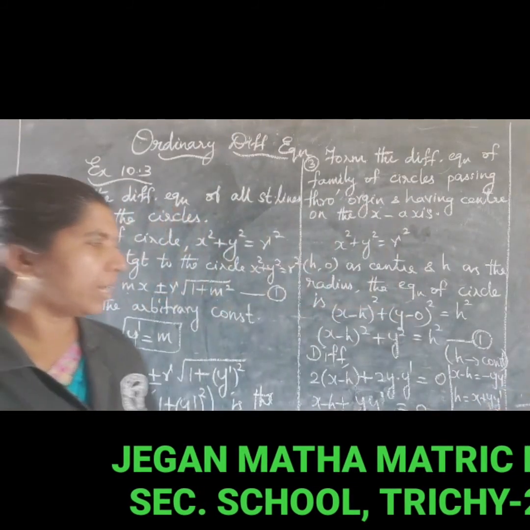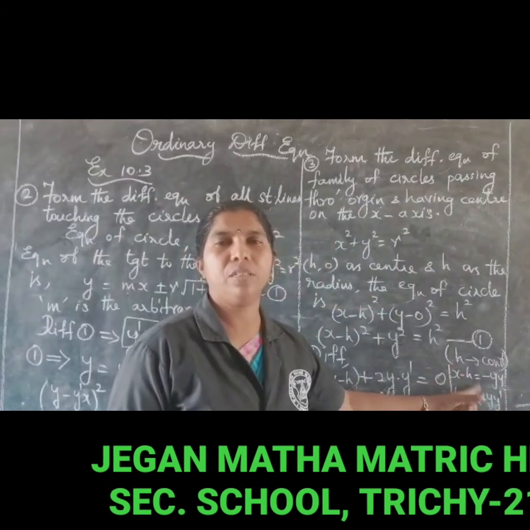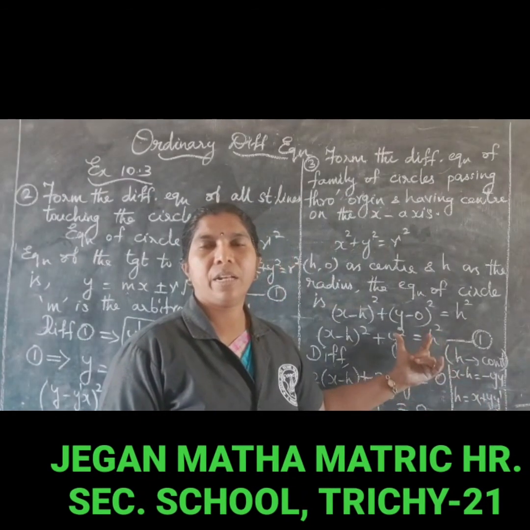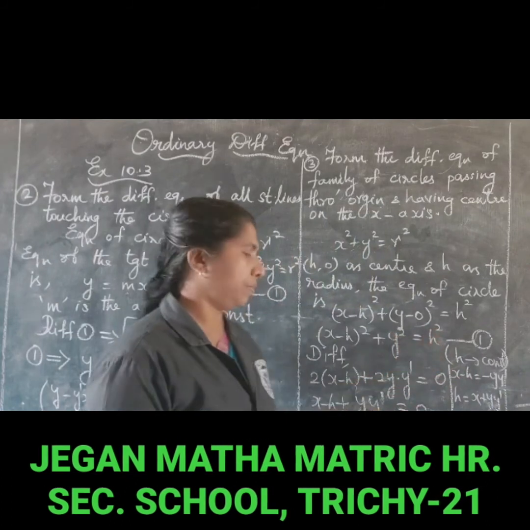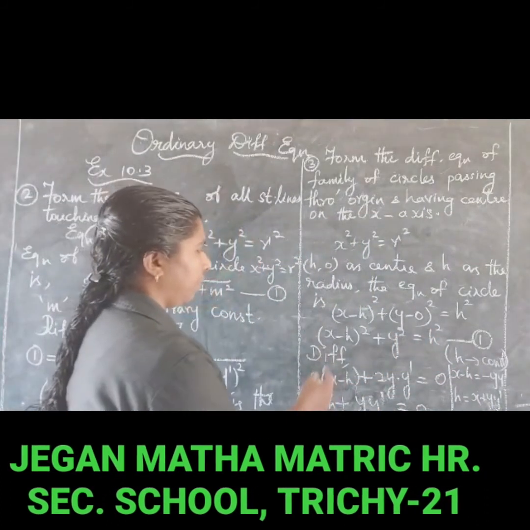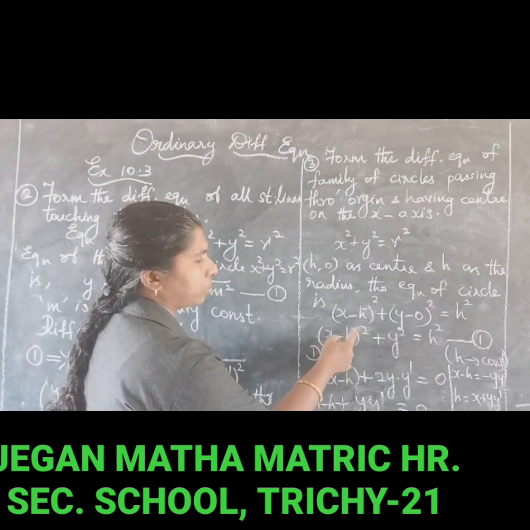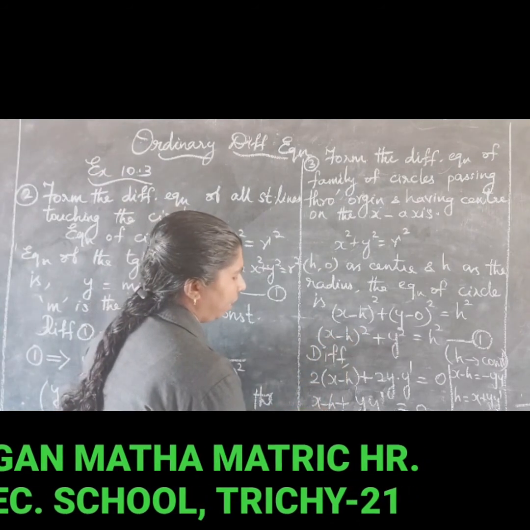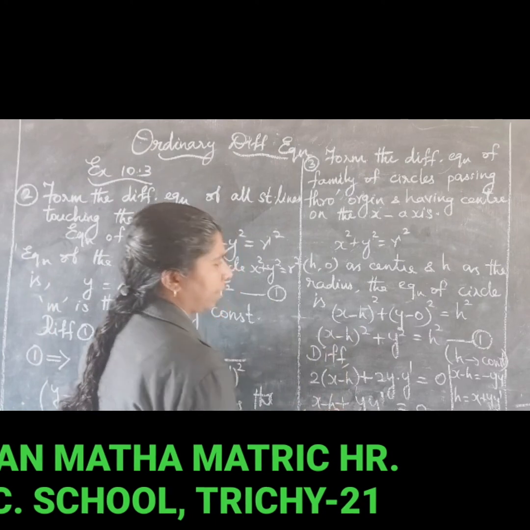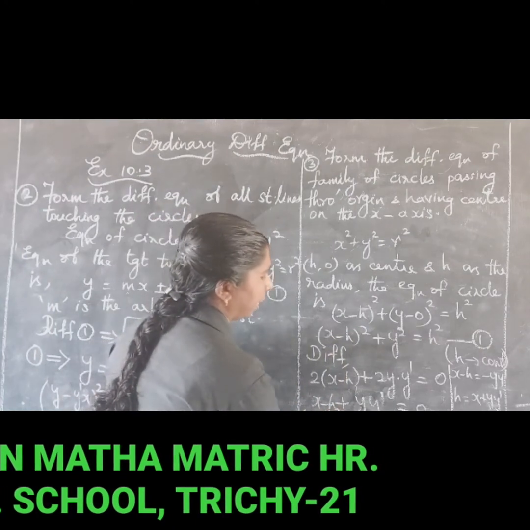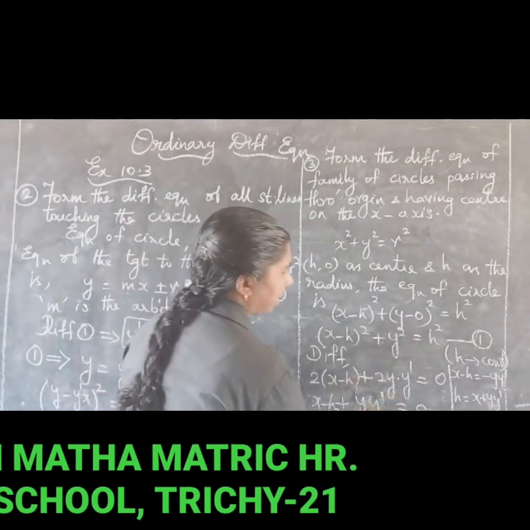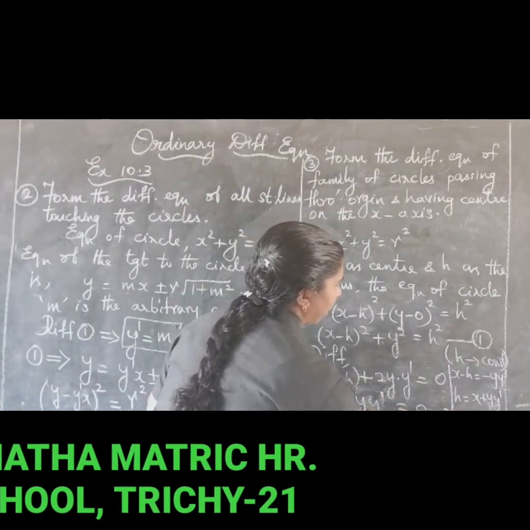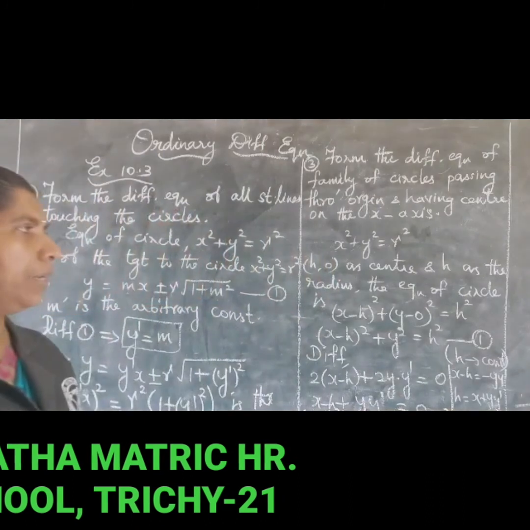Now if we replace these two values in equation number 1, we will get the required differential equation. When substituting, x minus h the whole square becomes minus y y dash the whole square, which is y square y dash the whole square, plus y square. The right side is x plus y y dash the whole square, which is in the form a plus b the whole square.